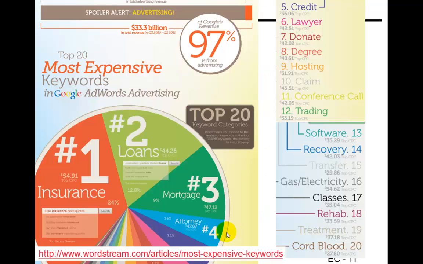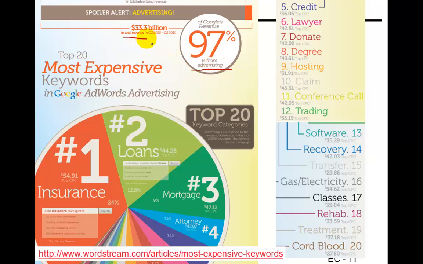So this is another statistic regarding WordStream, which helps you understand keywords. It's a website, and in one study they first show that 97% of Google's revenue is from advertising.